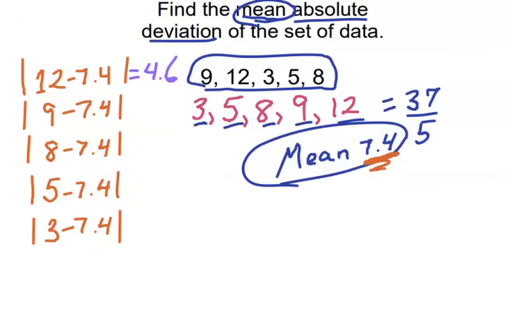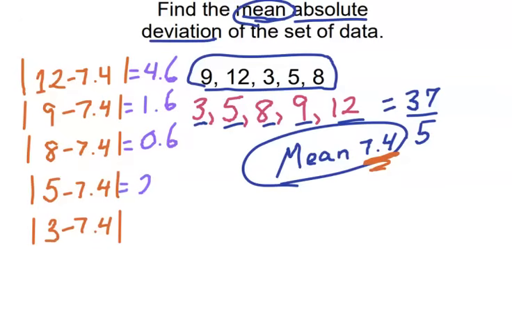Then 9 minus 7.4 equals 1.6. Now 8 minus 7.4 is just 0.6. Then 5 minus 7.4 gives us negative 2.4.